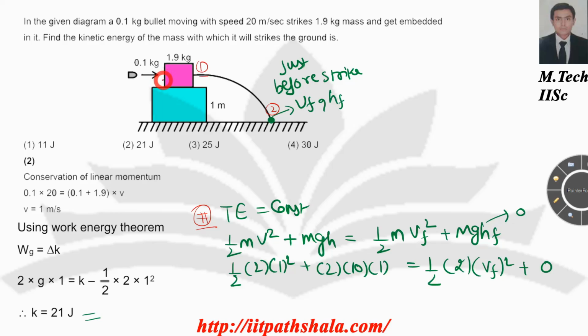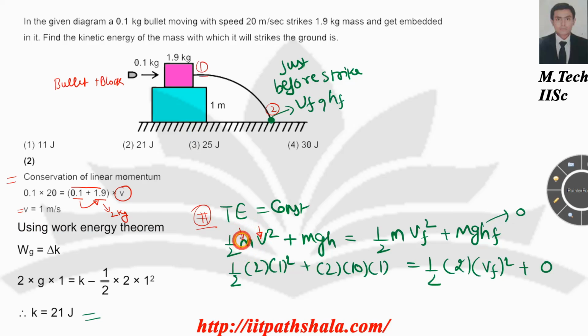By the conservation of linear momentum, which says the initial momentum carried by the bullet should be equal to the final momentum carried by the system, which is the bullet plus block. Your bullet has a mass of 0.1 kg, it gets embedded into this block of 1.9 kg, so they make a single system of mass 2 kg. You can figure out the velocity of that system, which comes out to be 1 meter per second.